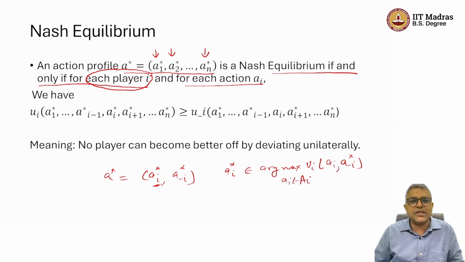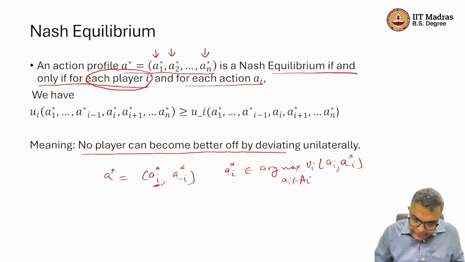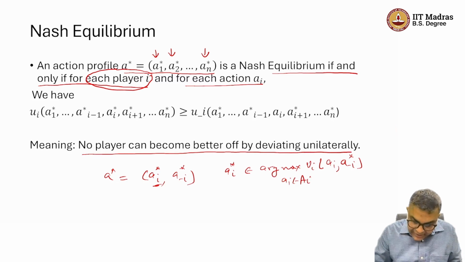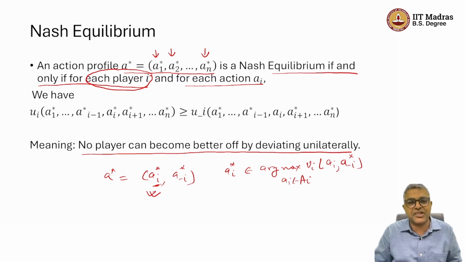In other words, in simple English, no player can become better off by deviating unilaterally given what others are doing, and ai star happens to be the best for you. If you change ai star to, let us say, ai dash, what is going to happen if ai star is your best response? Either your payoff would remain the same if there is more than one best response, or if there is a unique best response, then your payoff will decrease.